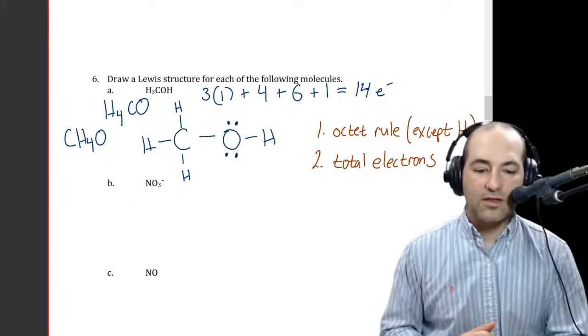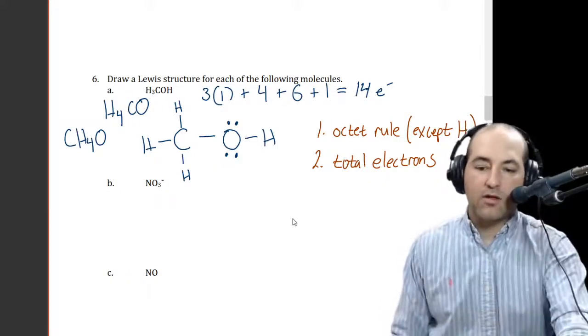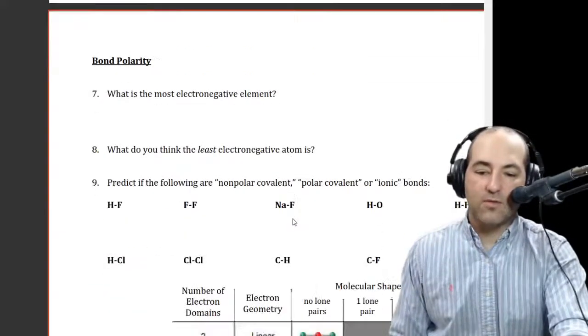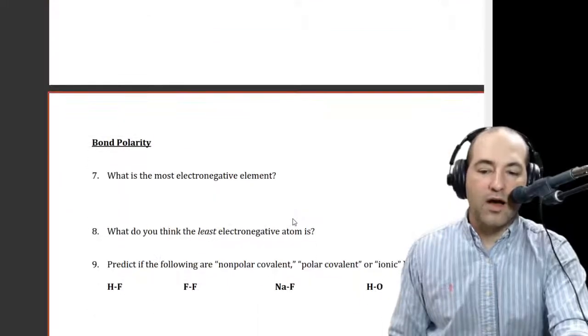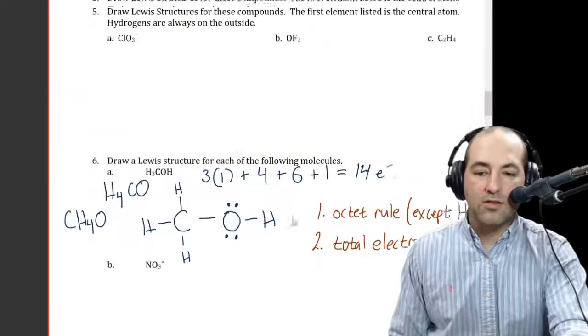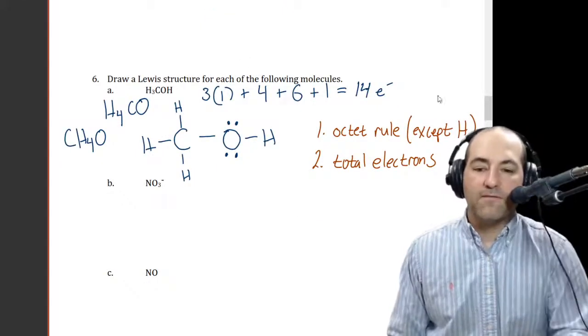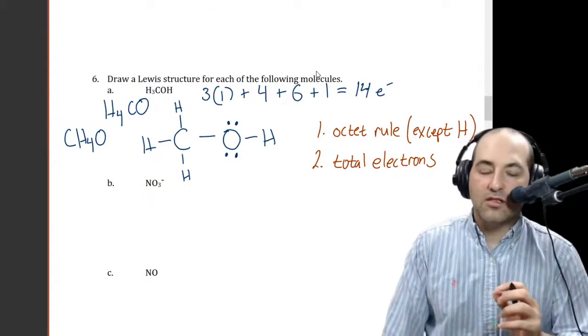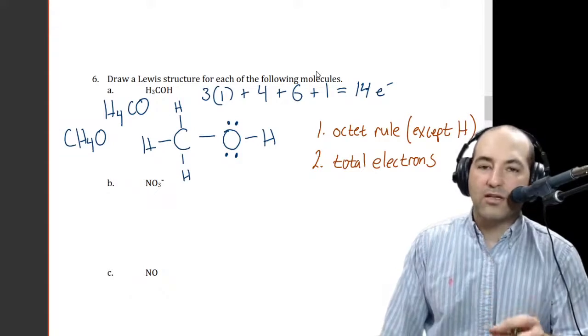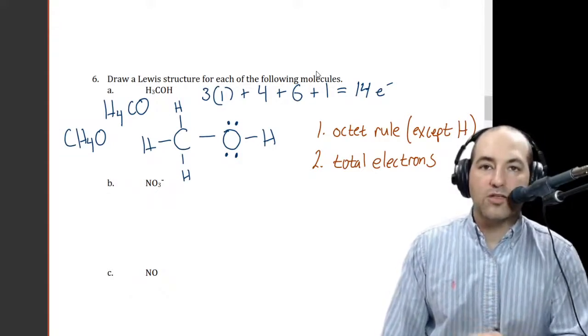All right, so I think that's it for today. Try these out. There's plenty of practice left in here for ones that we didn't do. We're going to get into bond polarity next time. On Mastering Chemistry this week, the first item in the assignment is practice using the tool to draw structures.